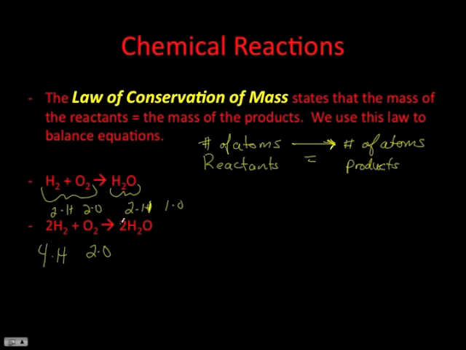And on this side, if you remember the distributive property of the coefficient, 2 times 2 is 4 hydrogen, and 2 times 1 oxygen is 2 oxygen. And you'd see that there are equal numbers of reactants and products.